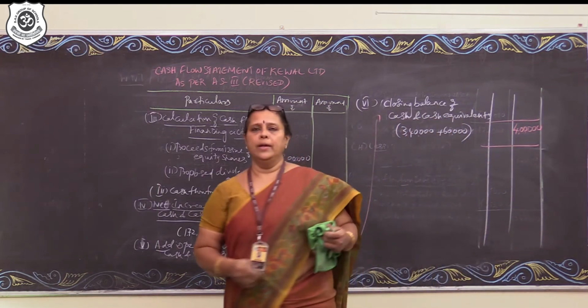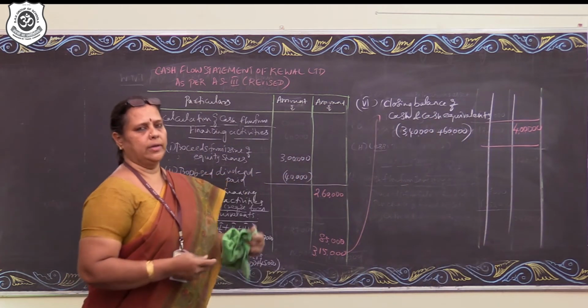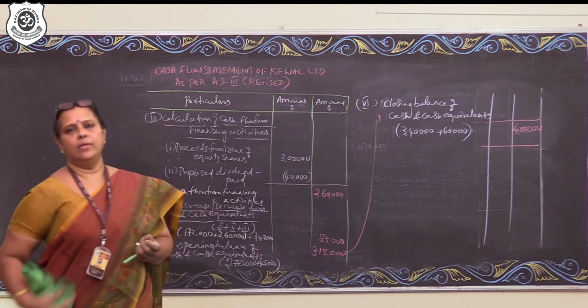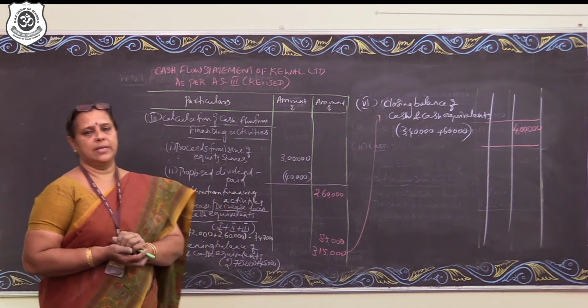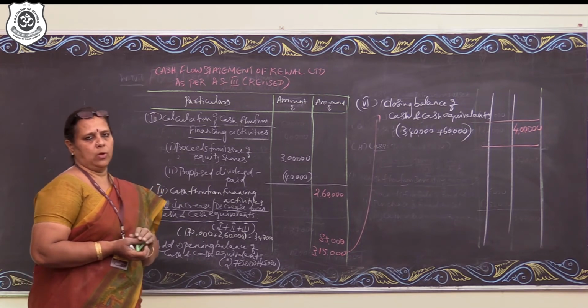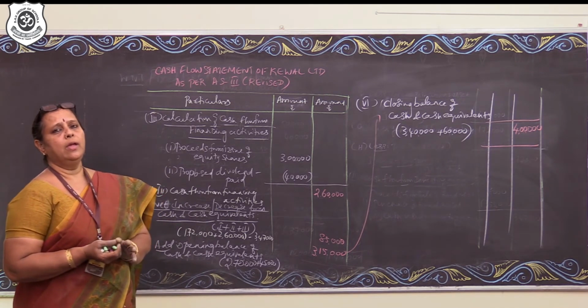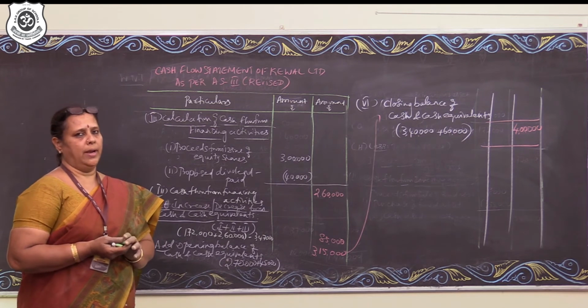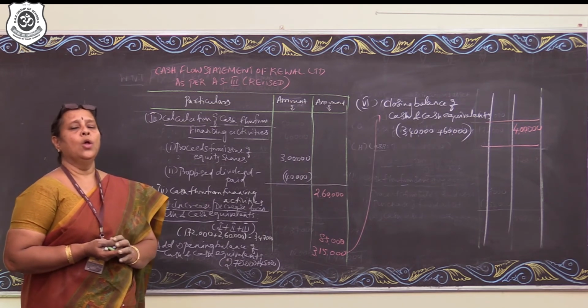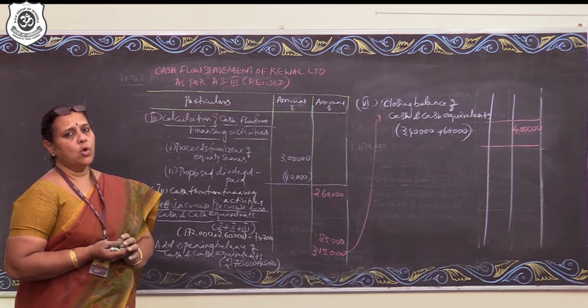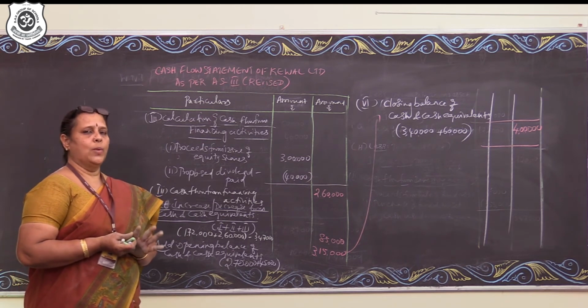So we have calculated first step, we did working note wherein we calculated the amount of purchase of fixed asset to be 3,55,000. Then we calculated the net profit before extraordinary items by taking the difference between closing balance and opening balance of reserves and surplus, which was 1 lakh rupees.